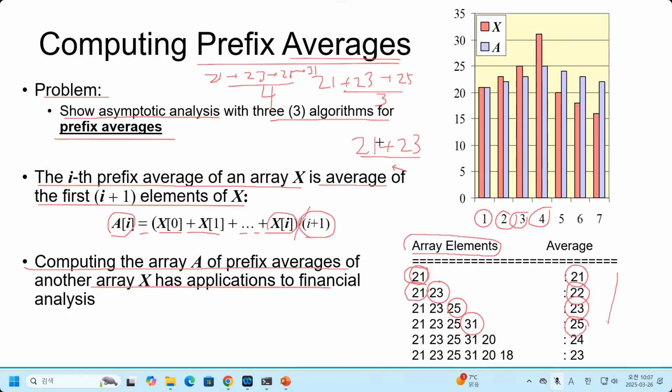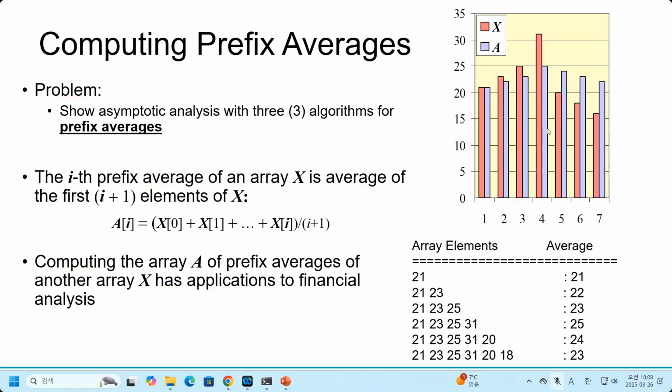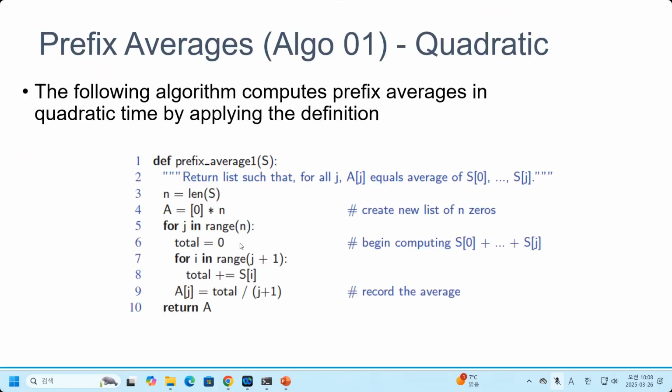Now, with this example, how can we make the algorithm? Let's say I have this algorithm.